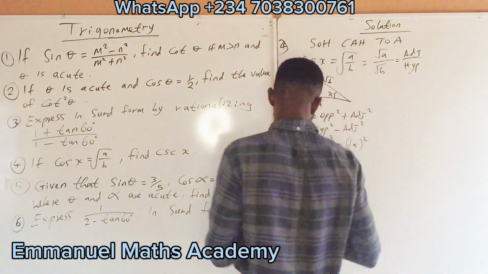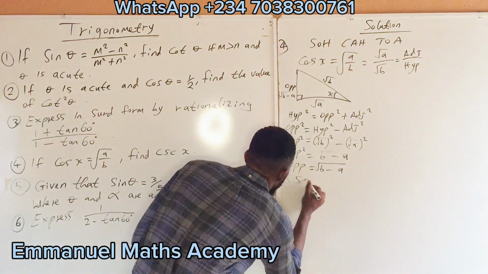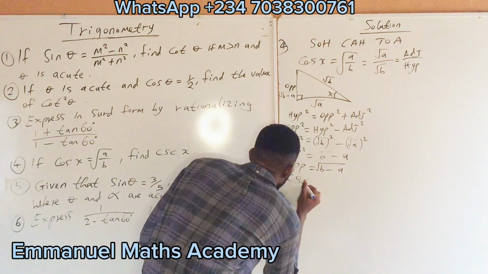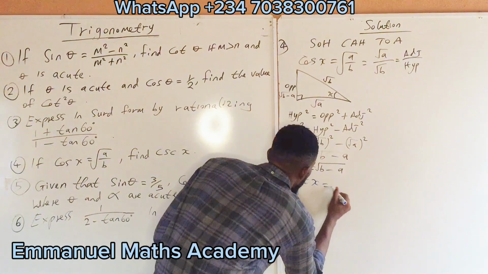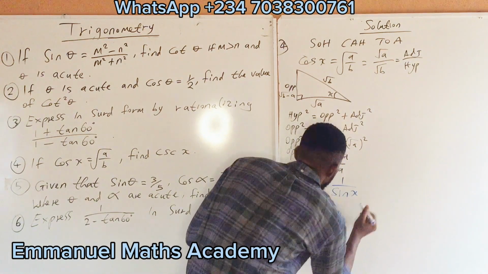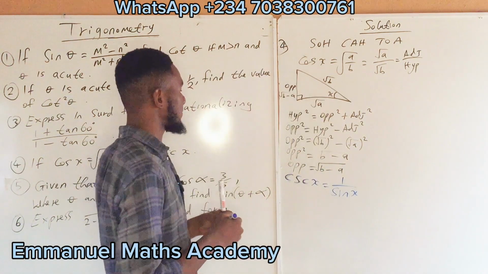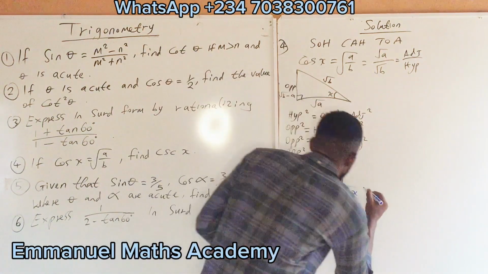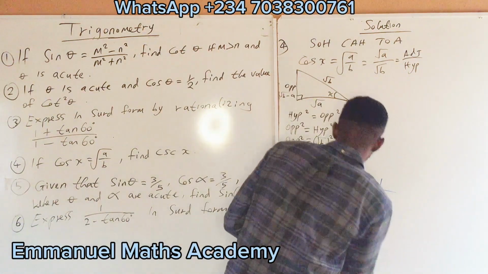So you are asked to find the cosec x. What is cosec x? Cosec x is equal to 1 over sine x, right? Which is equal to 1 over, what's our sine x?